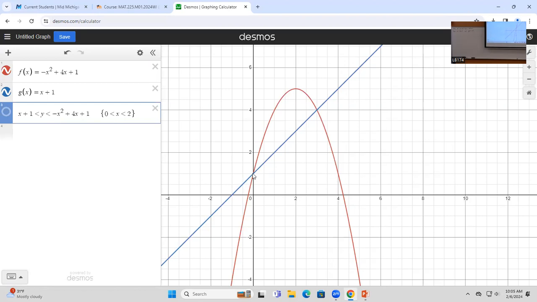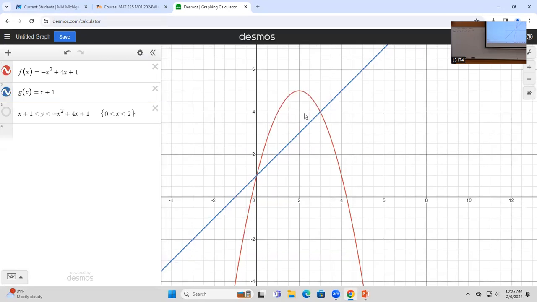And you'll notice that the point at which this crosses on the left-hand side is the point 0, 1. The point at which these cross on the right-hand side is the point 3, 4.